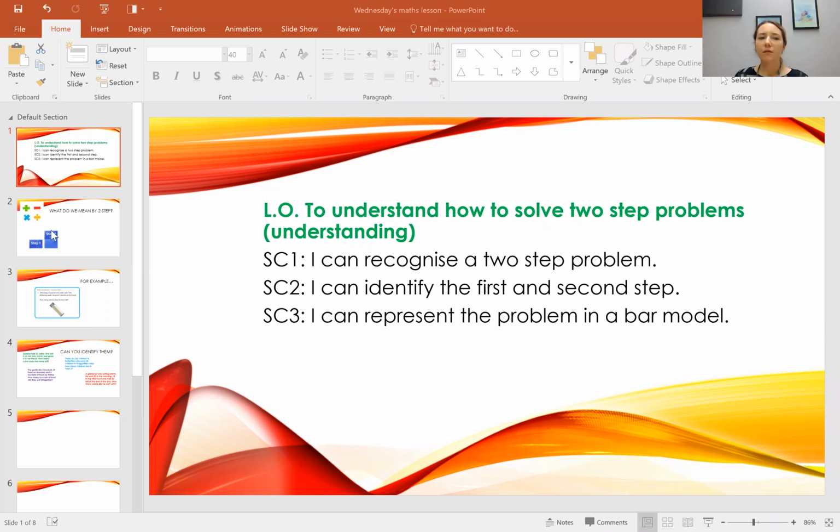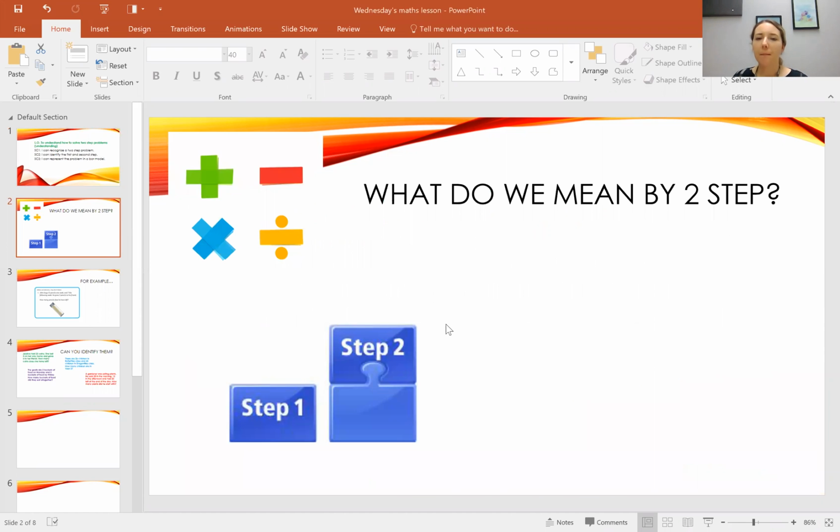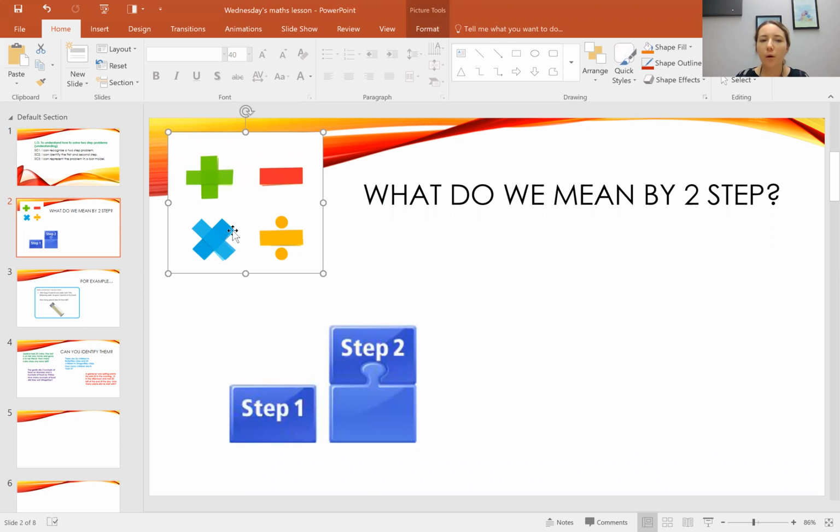So, first of all, what do I mean by a two-step problem? A two-step problem is a problem where you have two things that you've got to do. So that could be any of these four operations. We call these operations addition, subtraction, multiplication, or division.